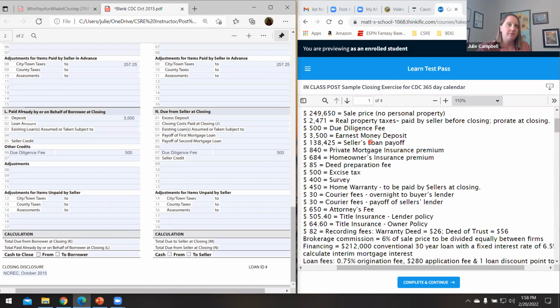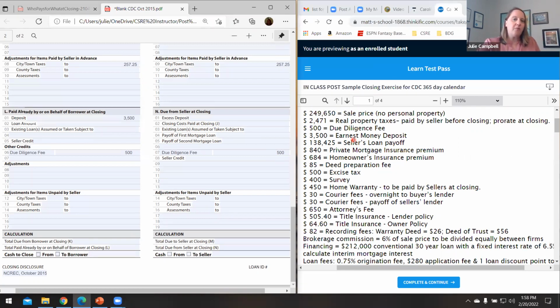Seller's loan payoff. The seller has an outstanding mortgage of $138,425. This is what they owe their lender to be able to clear that lien to convey clear marketable title.